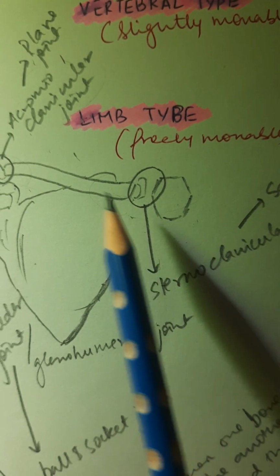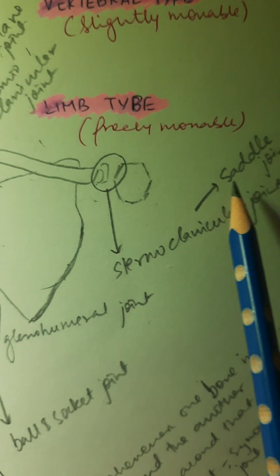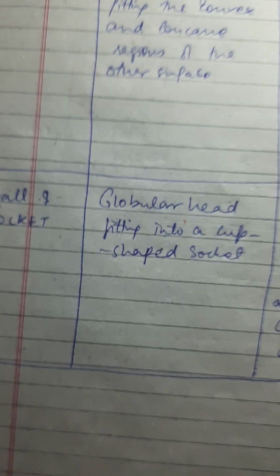Sternum and the clavicle. It's a variety of saddle joint.